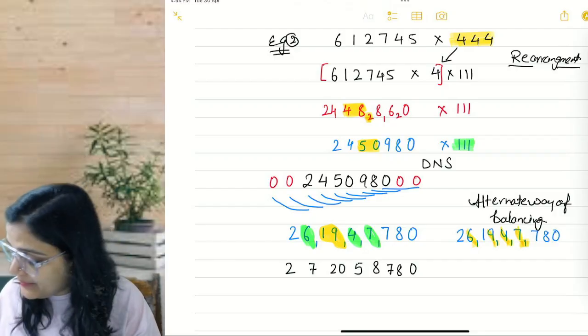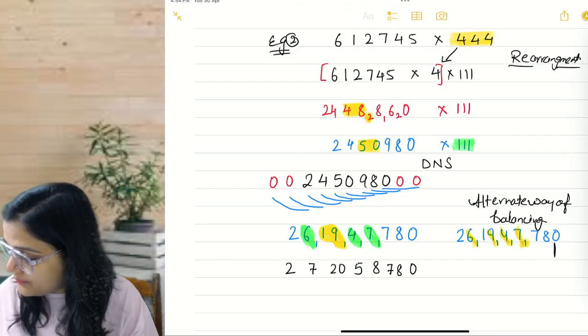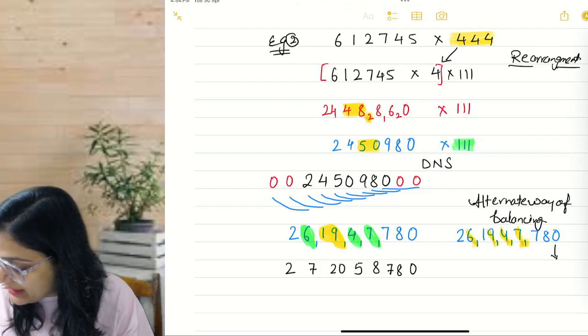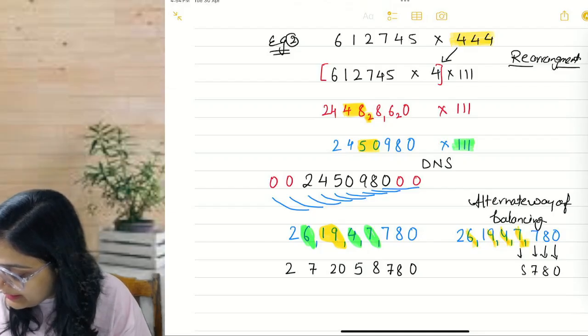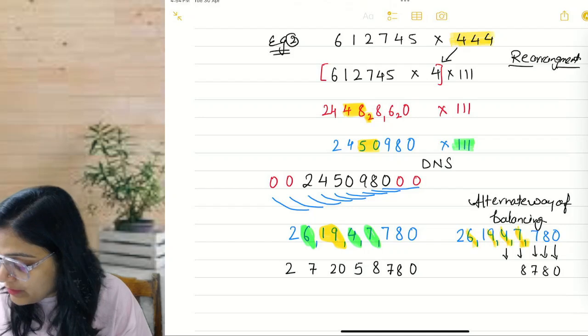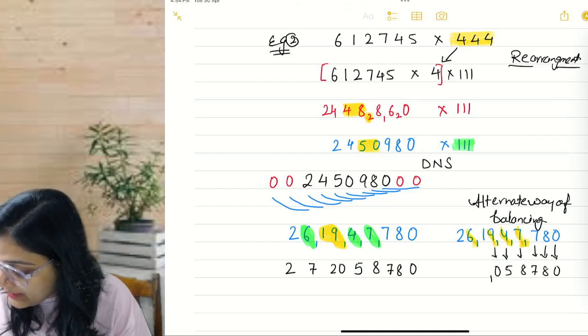What we'll get? 0, sorry, I'll just change the pen. 0 will come down as it is, 8 as it is, 7 as it is, 7 plus 1 will become 8, 4 plus 1 will become 5, 9 plus 1 will become 10 again, 1 as it is, 6 plus 1, 7, 2 as it is.